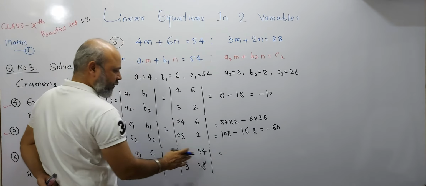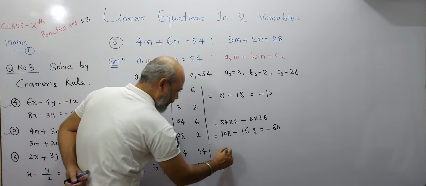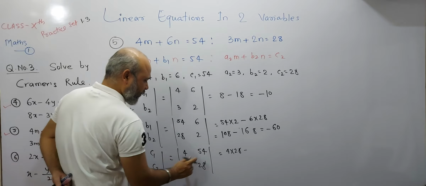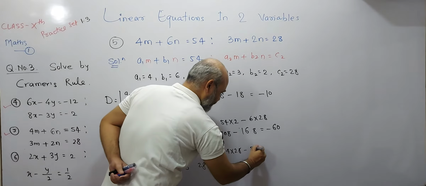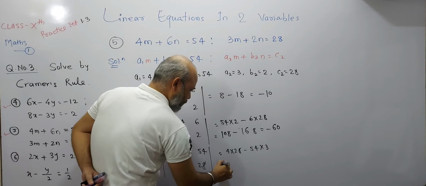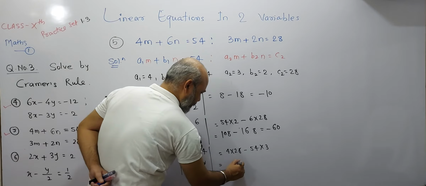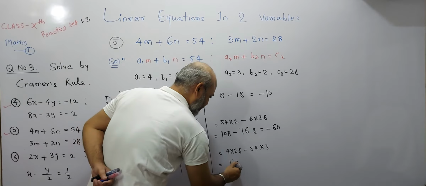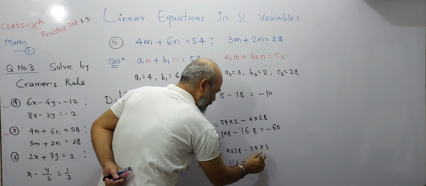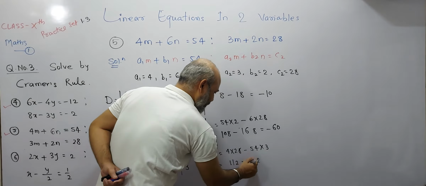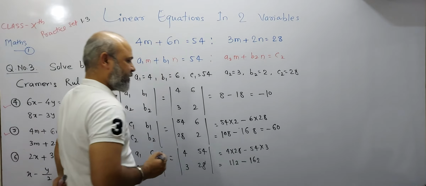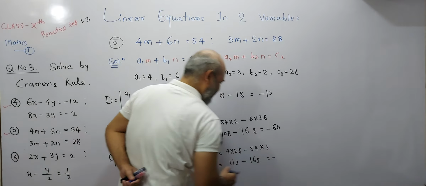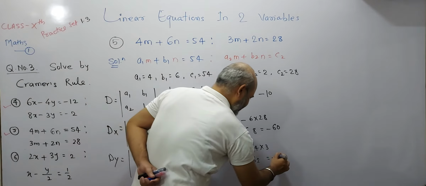Similarly we'll solve the determinant: 4 multiplied by 28, minus 54 multiplied by 3. 4 times 28 is 112, minus 3 times 54 which is 162. So the answer will be minus 50.